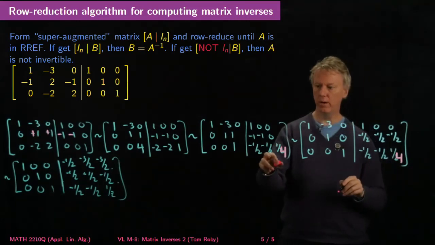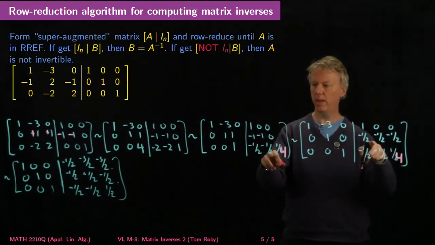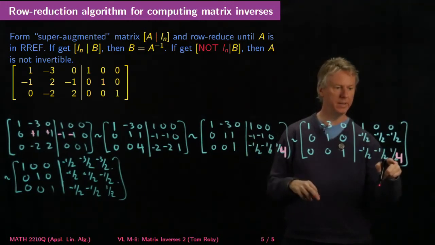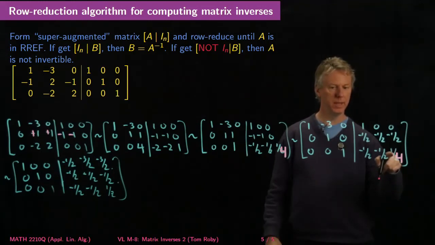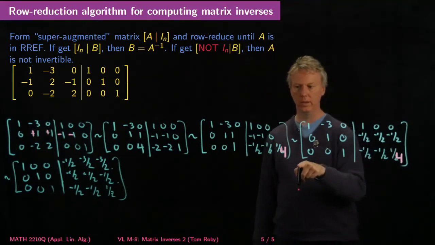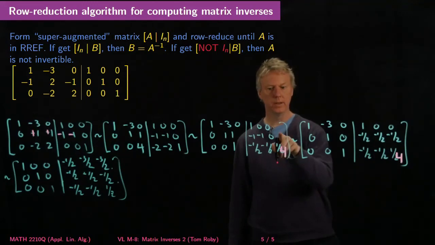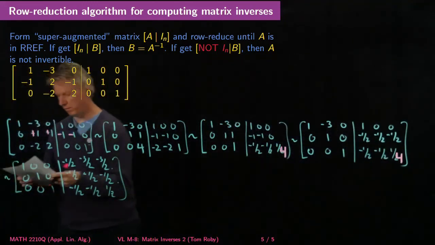So how did we go? How did this guy become this? It's because we added -1 times this to this. So when I added -1 times this to this, I should have gotten, I guess it should have been -1/4, right?